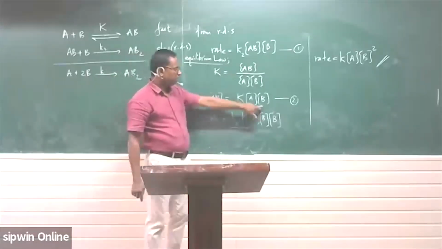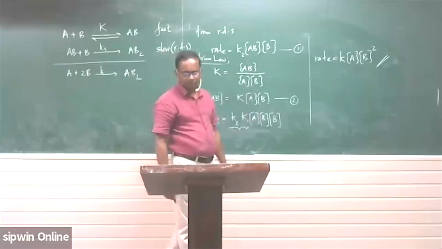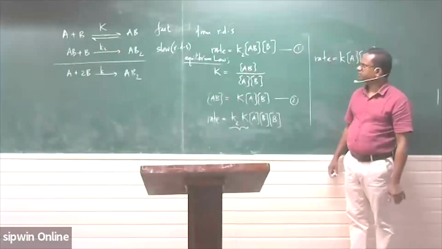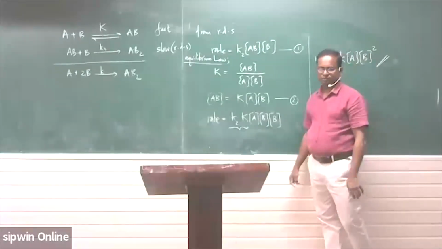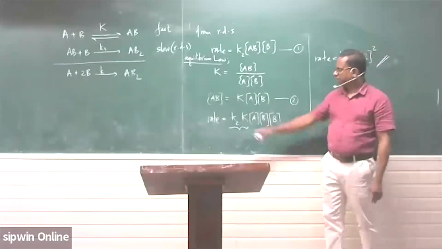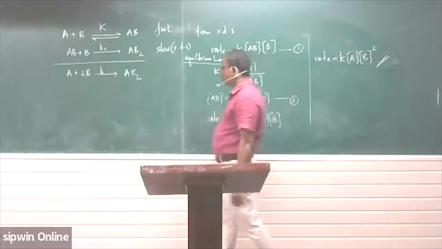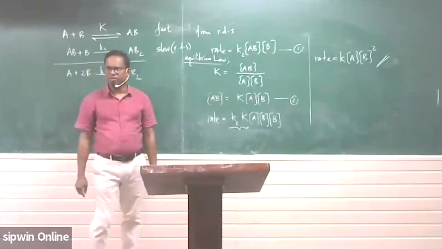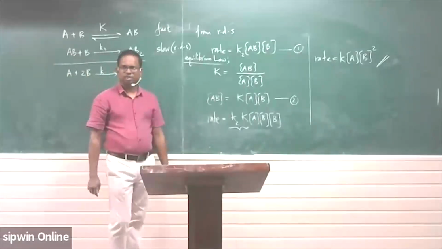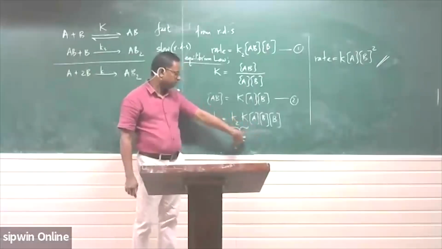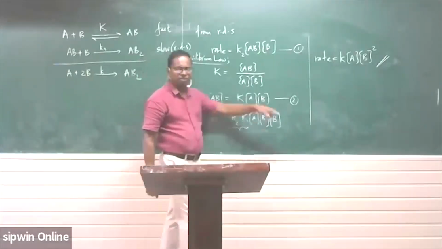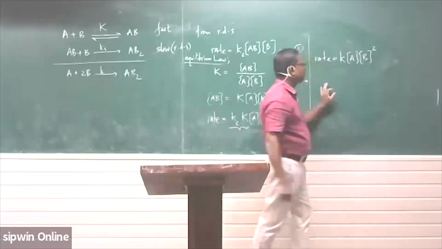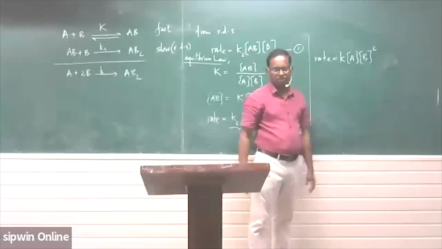[AB] equals capital K [A][B]. Label that one as number 2. From 1 and 2, combine them: rate equals K2 capital K [A][B][B]. Then the rate is K2 K [A][B] squared.